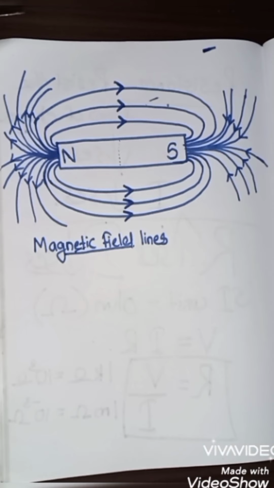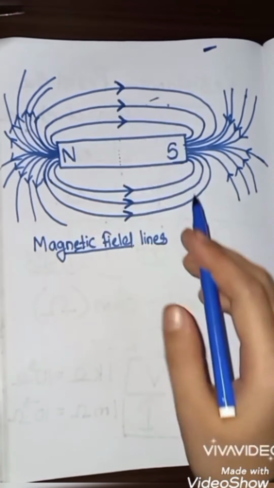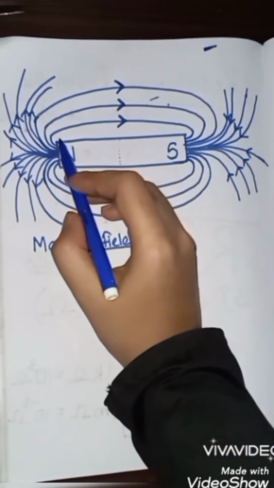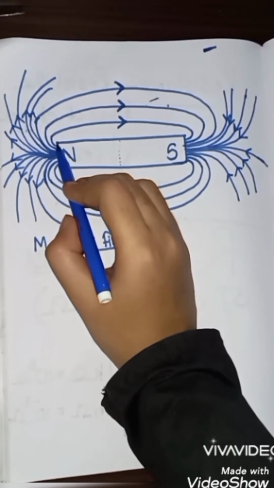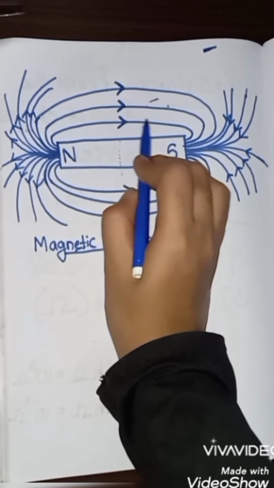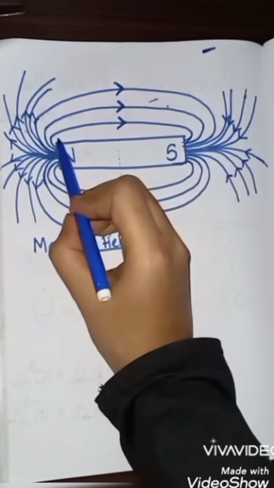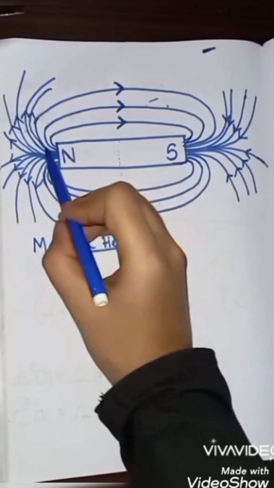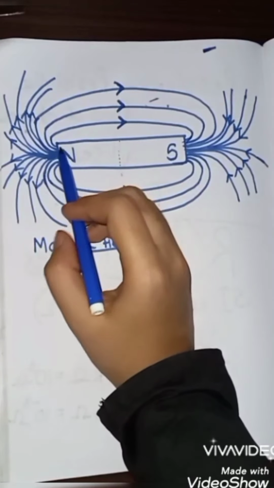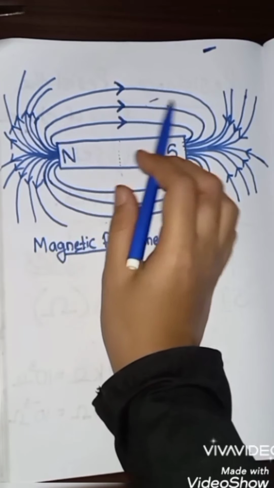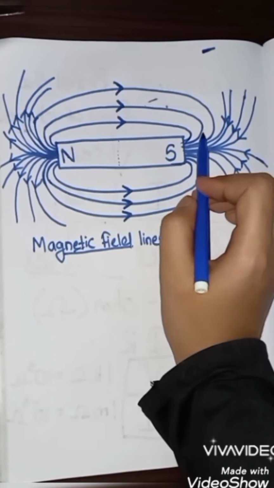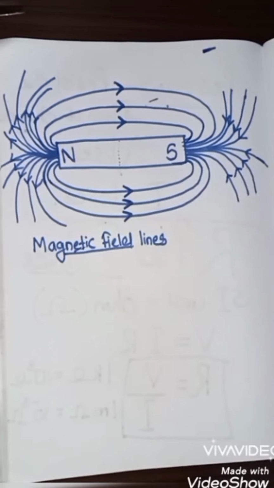And what is the direction of the magnetic field here? Here you can see the magnetic field lines start from the north pole and reach the south pole. These magnetic field lines all start from the north pole and come to the south pole.